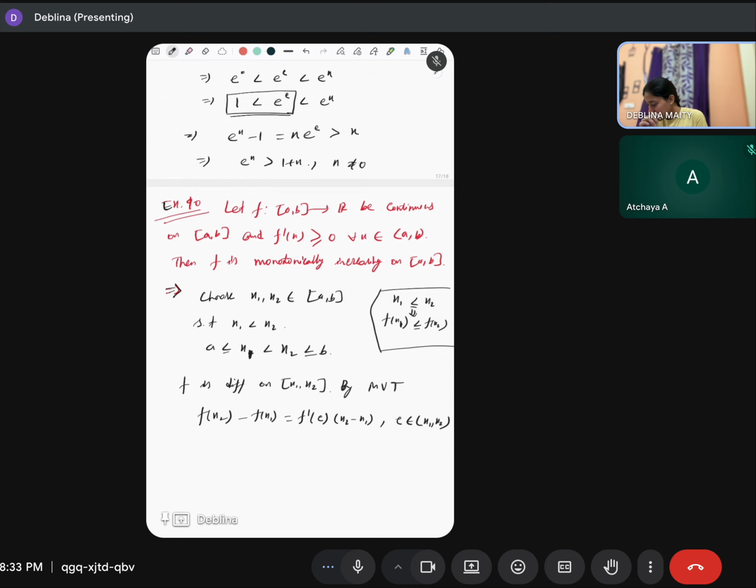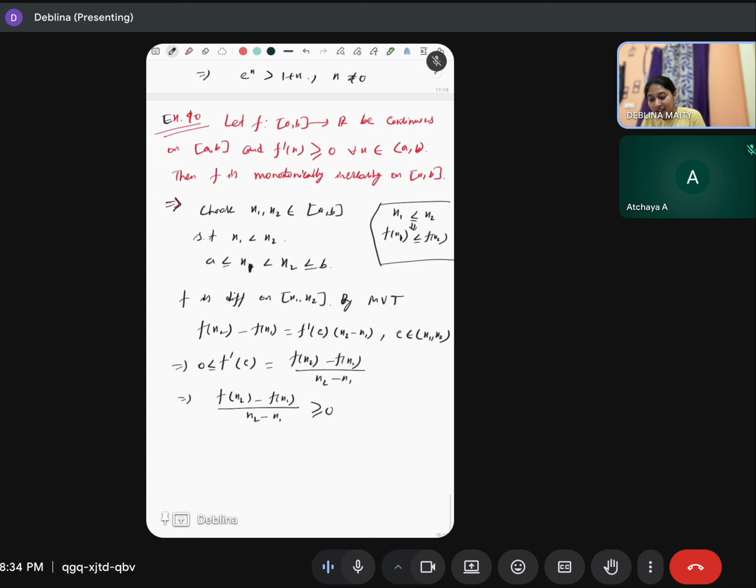Now this implies f dash c equals (f of x2 minus f of x1) divided by (x2 minus x1). Now f dash c is what? f dash c is greater than or equal to 0. So this means (f of x2 minus f of x1) by (x2 minus x1) is greater than or equal to 0.